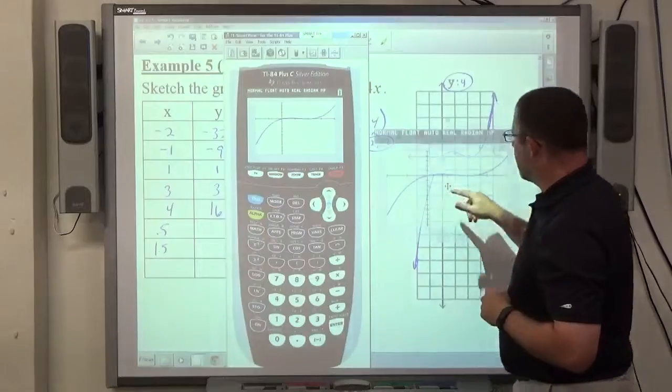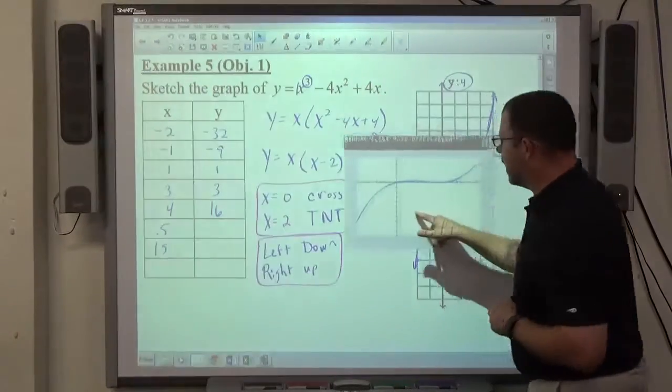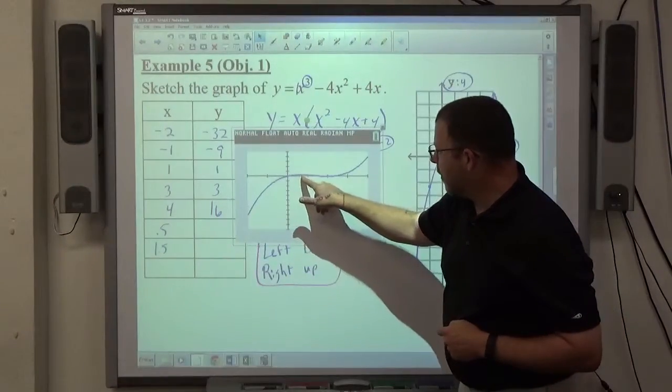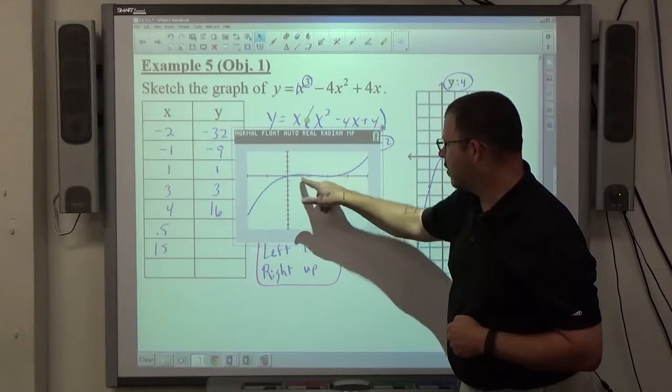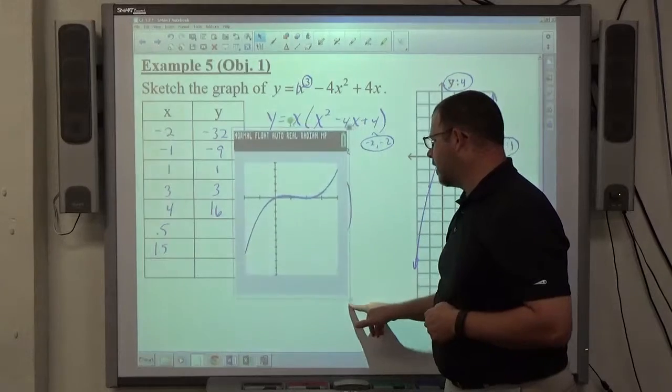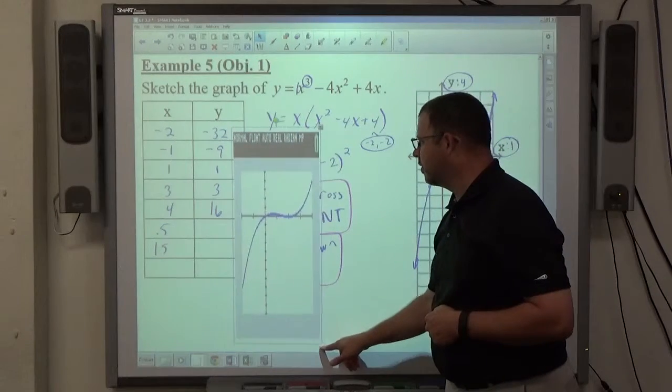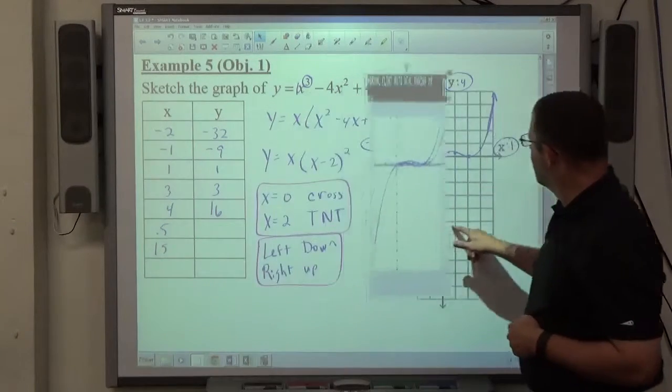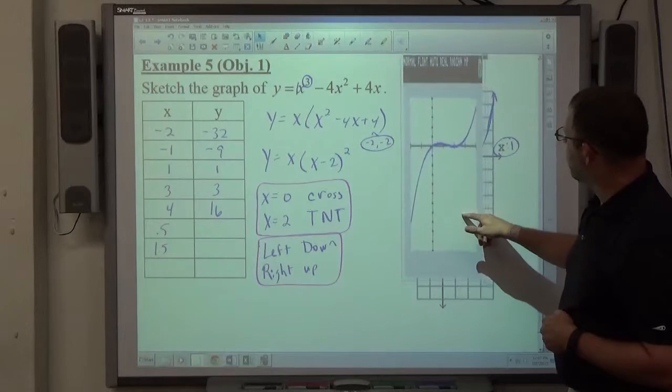But if you just take a look over here at the highlights of it, it hit a high point right around here, touch and turn there, crossed at 0, 0, right? What I can do is I can finagle this a little bit so it's the same. Takes a little bit of doing.